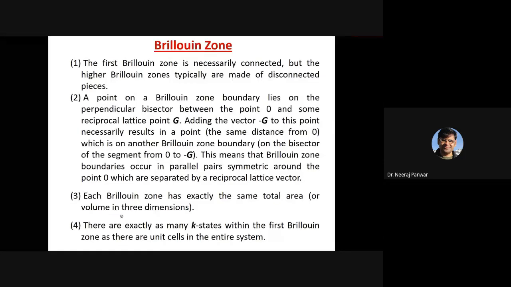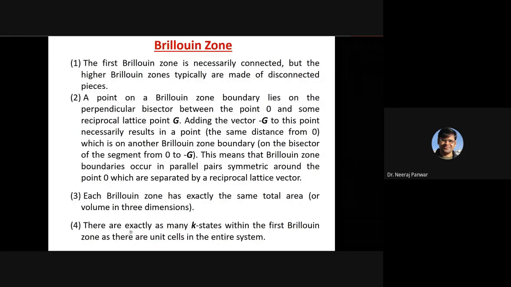And fourth is also important. There are exactly as many K points or states within the first Brillouin zone as there are unit cells in the entire system. This is again very important, and we are going to use it in our later discussions of lattice vibrations and other things.